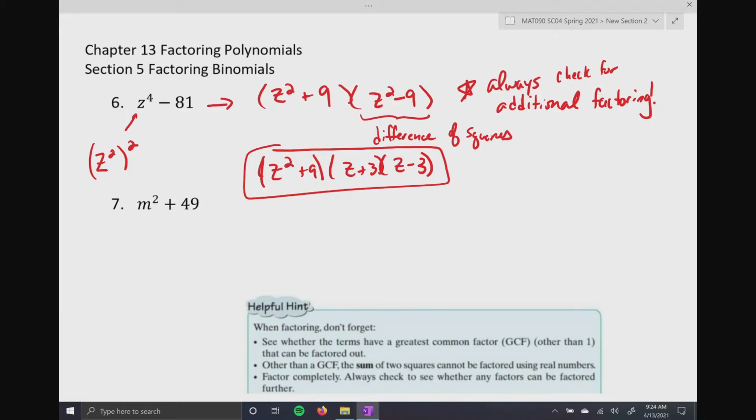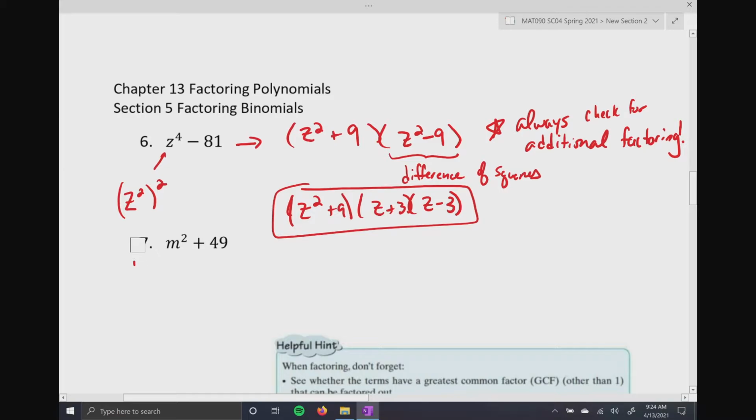If it's a plus, you cannot factor. So m squared plus 49, you cannot factor that. That is not the difference of squares. Okay? Are there any questions there?